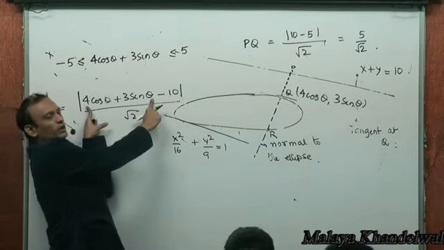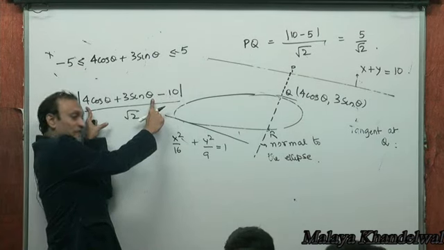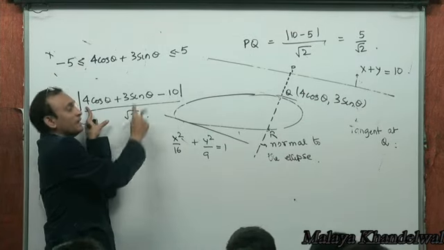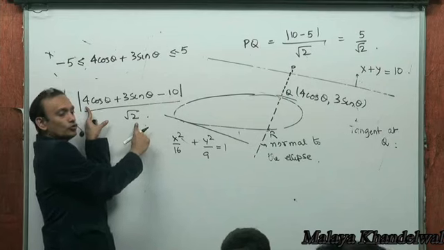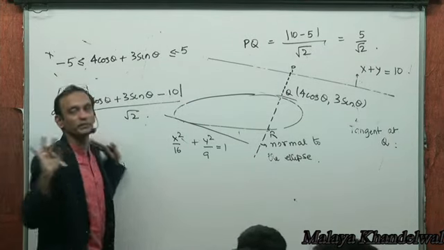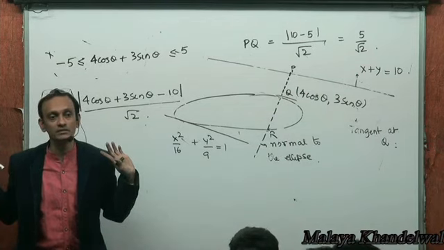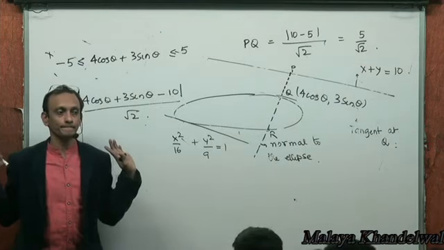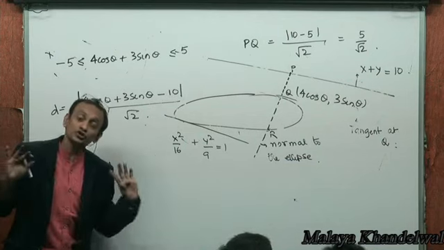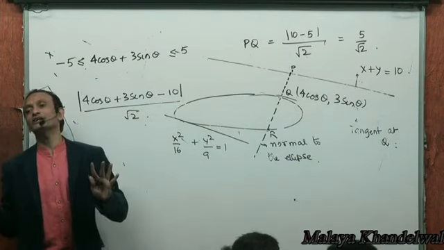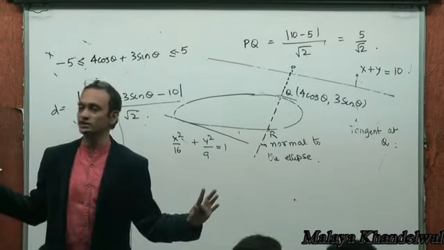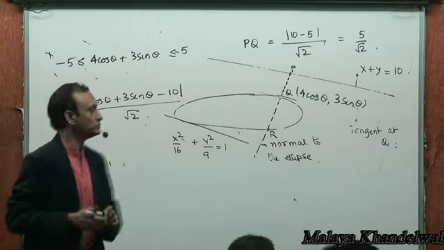So when this becomes equal to 5, this would be mod of 5 minus 10 by root 2, which is 5 by root 2, minimum possible distance. Yes or no? This is the approach that could have been deployed. Got me? So it's a good thing for this problem, but not necessarily the best thing to do in a generalized situation. Right?